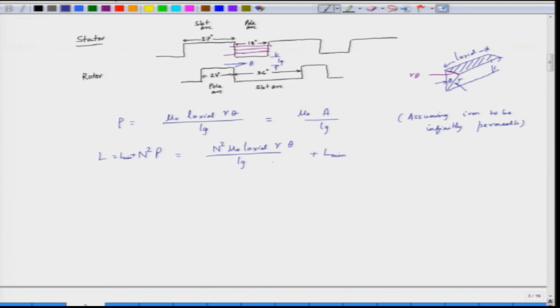So, you see that the inductance is a function of theta, and L minimum is the minimum inductance in which the rotor slot arc is facing the stator pole arc, and then as the rotor pole arc comes under the stator pole arc, there is a gradual increase of the inductance.